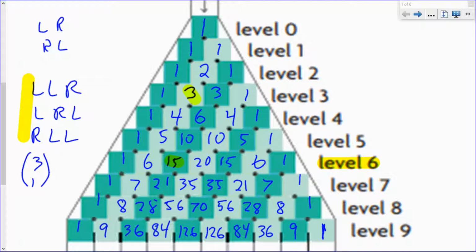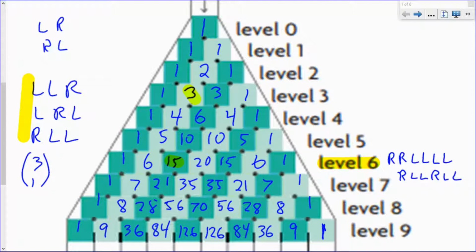So one way to get to 15 there would be to go right, right, left, left, left, left. Another way might be right, left, left, right, left, left.